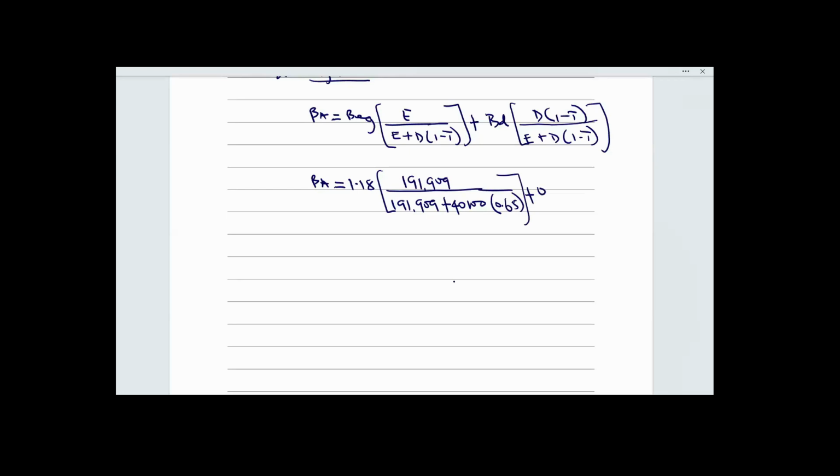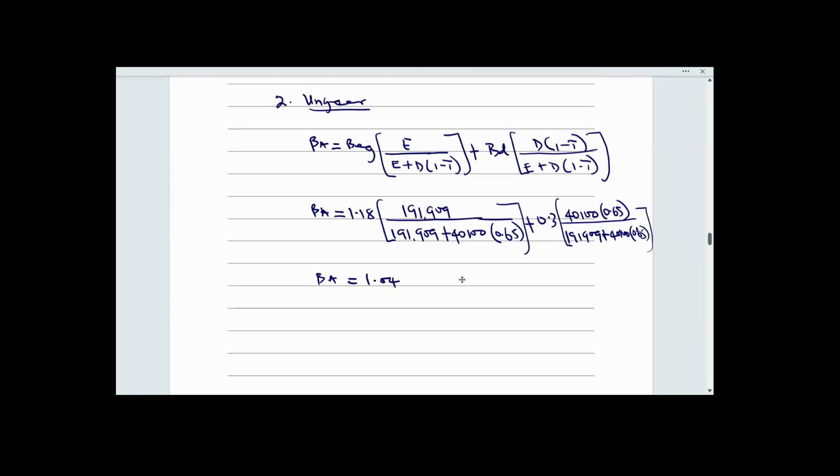Plus the debt beta, 0.3, multiplied by debt value 4,100 times 0.65, divided by 191,909 plus 4,100 times 0.65. The left side is what we calculated before, which gave us 1.04.